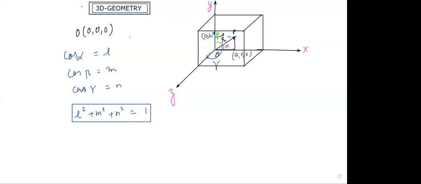So let's consider we have drawn perpendicular over here. This will be 0 comma 0 comma c. So a b c are actually the direction ratios. It is called direction ratios.